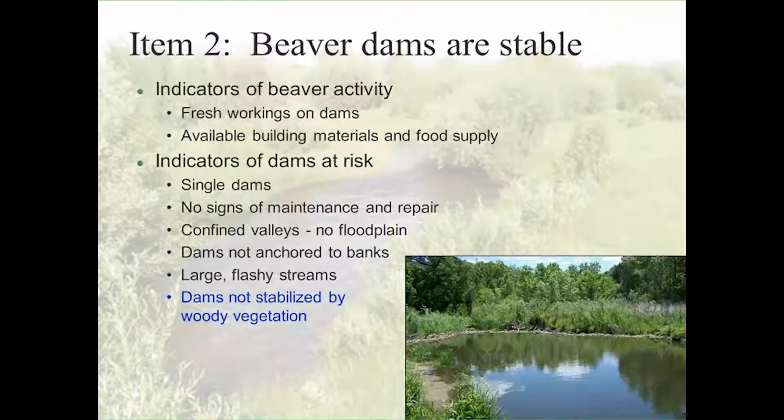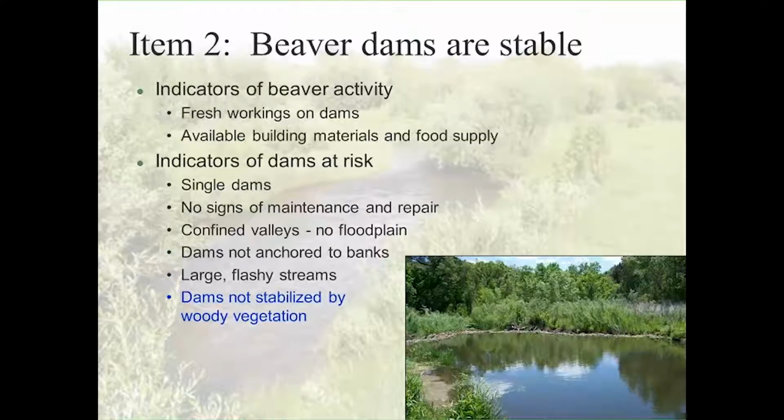You'll usually see evidence of food stock, sticks and twigs that seem freshly cut, laying in the water or adjacent to the water. You'll find stems or stumps on the banks that have been freshly cut. You can usually tell stuff that's been cut this year versus last year.